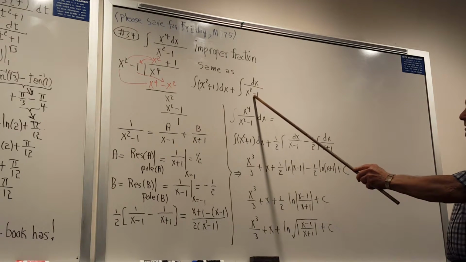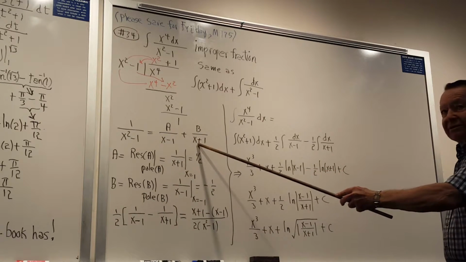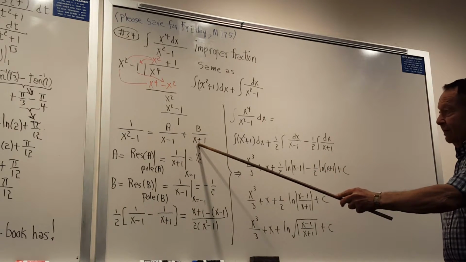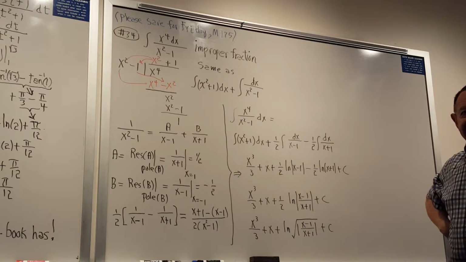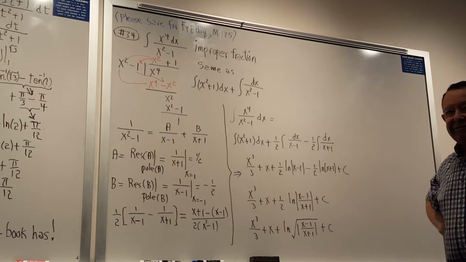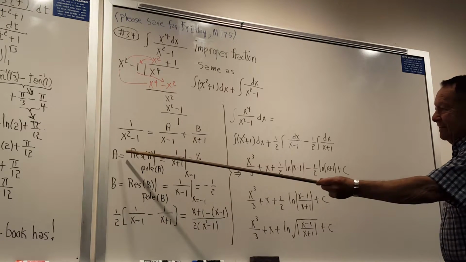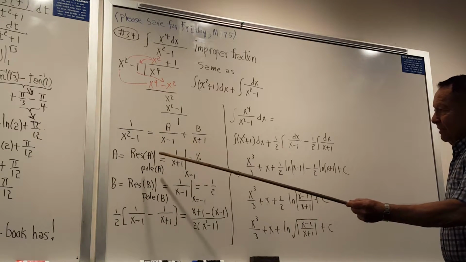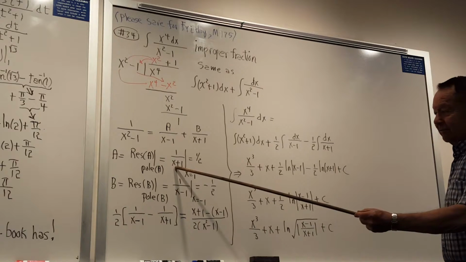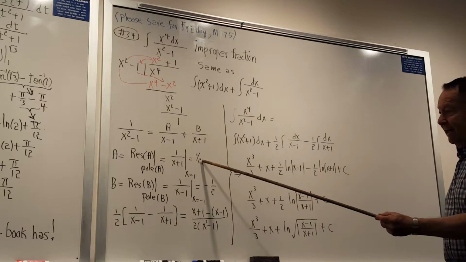So then you do this in partial fractions. It's very much like problem 1, and you can do 2 equations and 2 unknowns. If you really don't like my poles and residues, I don't care. But A would be the residue here, which would be 1 over x plus 1. And then at the pole, that will give you a half.